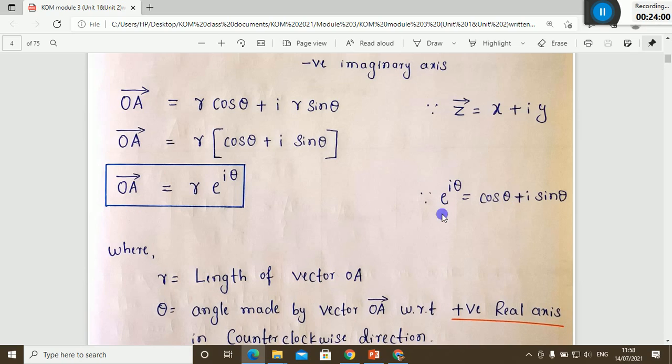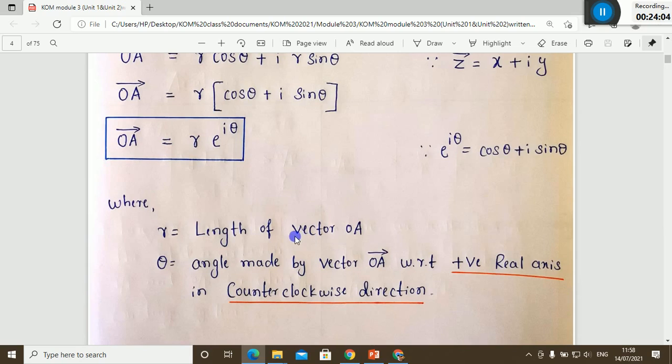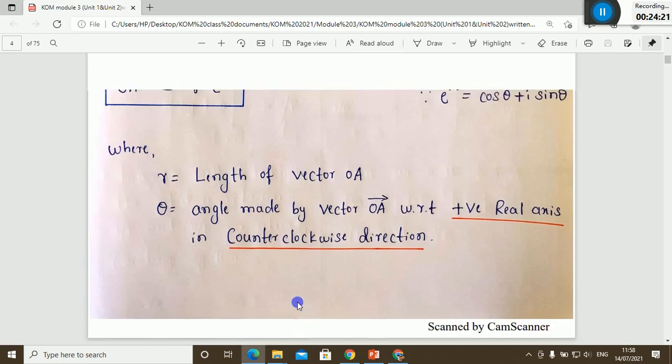Only these two equations are required. Okay. Please note on this. This is very important. So r is the length of the vector OA and theta is the angle made by vector OA with respect to positive real axis. Just underline this phrase, in a counterclockwise direction.